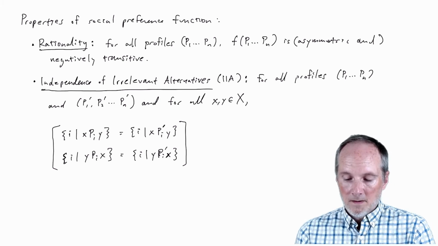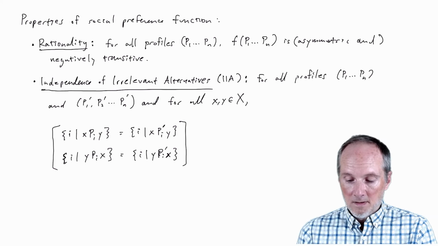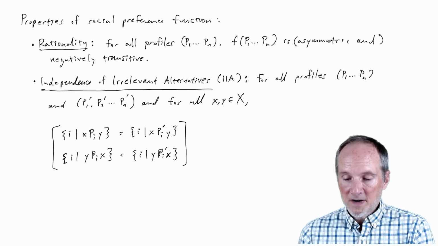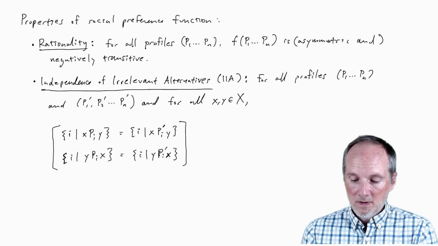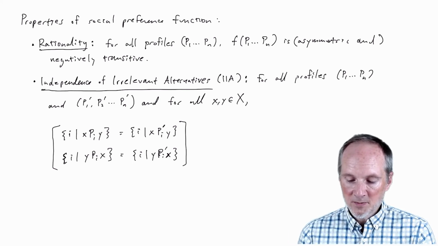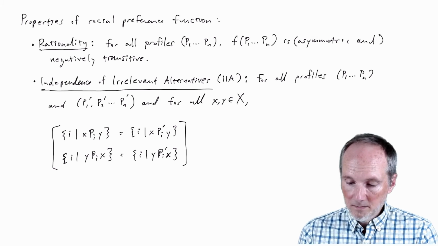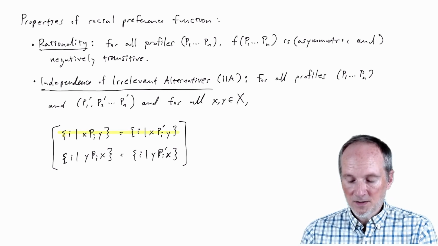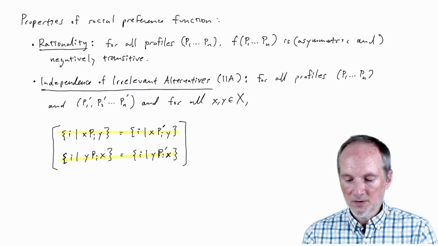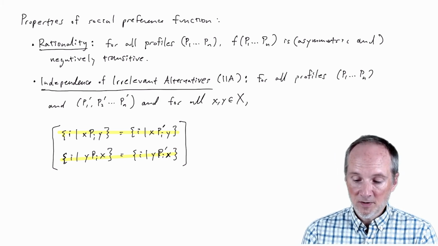Well, if that property holds, then for these two profiles, the social preference should be the same, right? I mean, we're thinking about a pairwise vote between x and y, and we're saying here that the people who prefer x don't change in the two profiles, the people who prefer y don't change in the two profiles. So the outcome of the pairwise vote is the same in the two profiles.